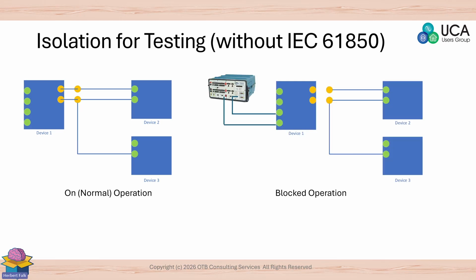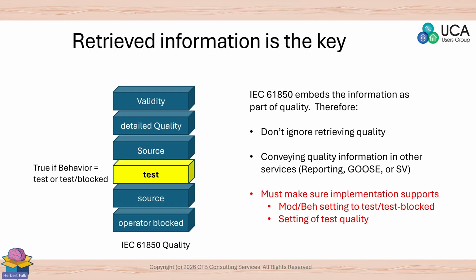So in 61850, pulling the test jumpers is the equivalent of putting a device into blocked operation. And we'll get into what that means in a minute.